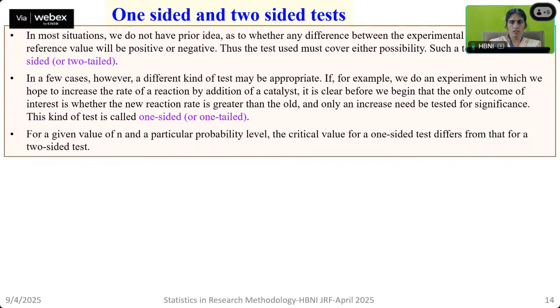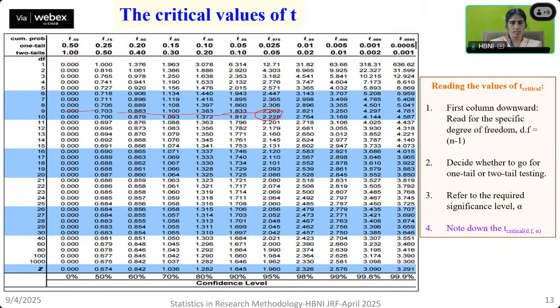So accordingly, you have to read through the two-tailed test. If you are going for a two-tailed test at this 0.05 significance level, for 9 degrees of freedom, you have the value of 2.262. The corresponding one-tail value will be 0.025, the same.